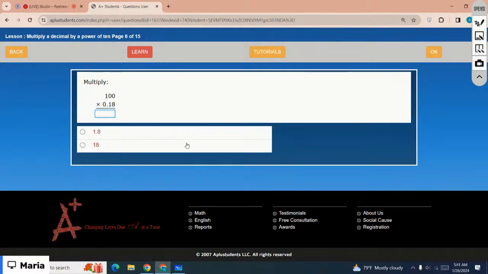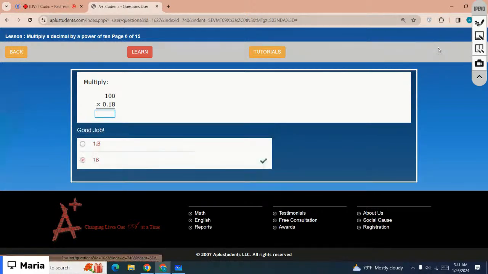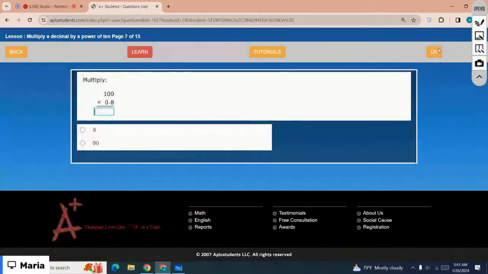The next one is 100 times 0.8, which is the correct option?